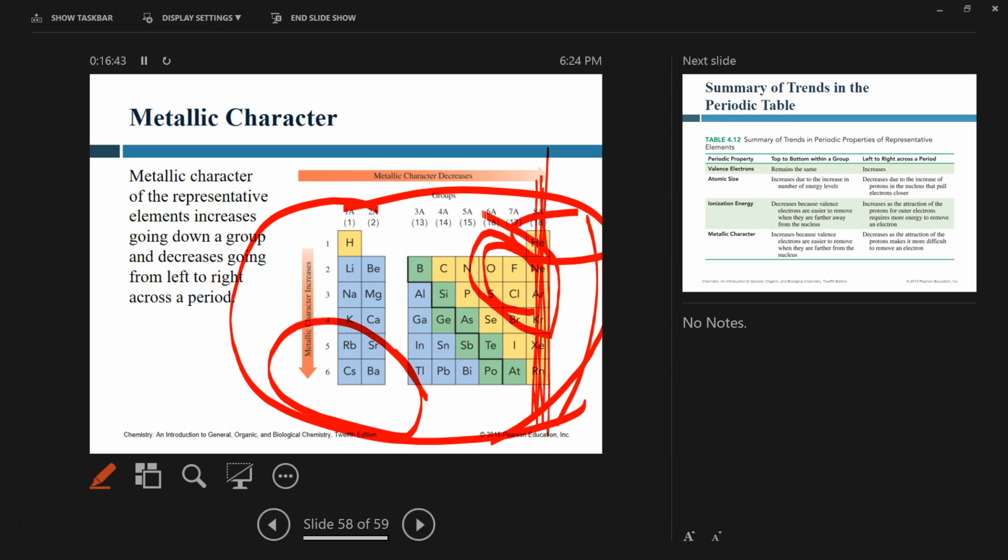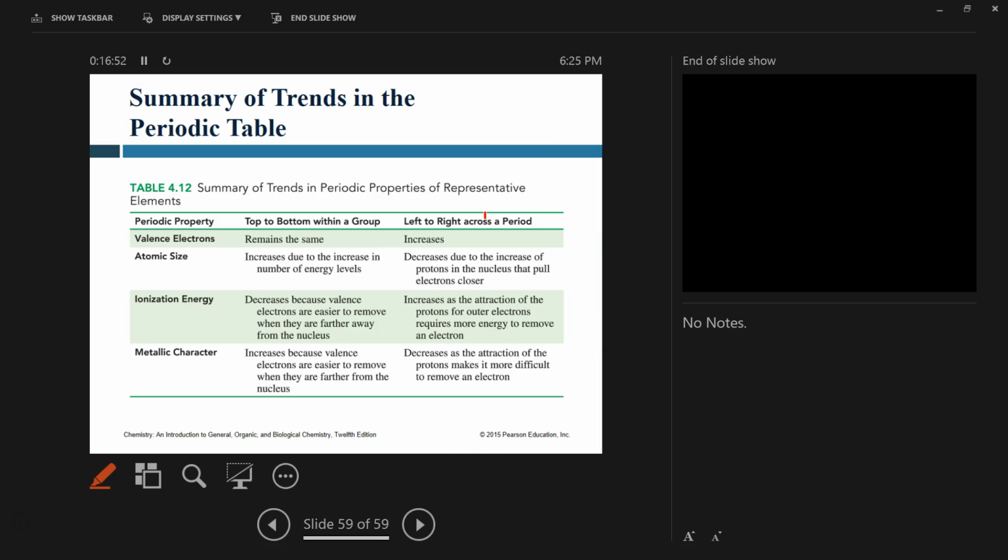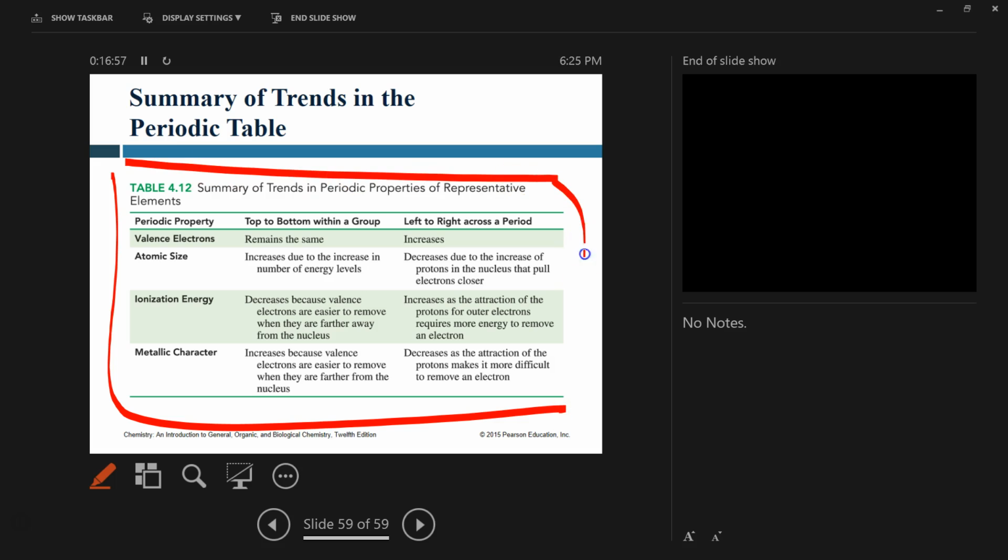And you will see how this metallic character, how this ability to lose electrons, is reflected in the chemical properties of the elements. So this table summarizes what we just mentioned: the atomic size increases from top to the bottom of the group and decreases as we go from left to right of an individual period.